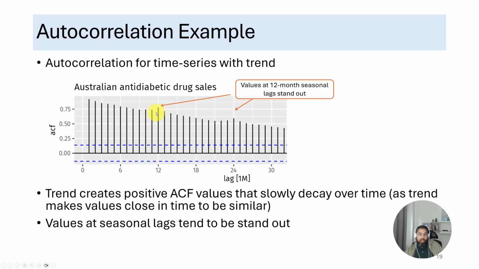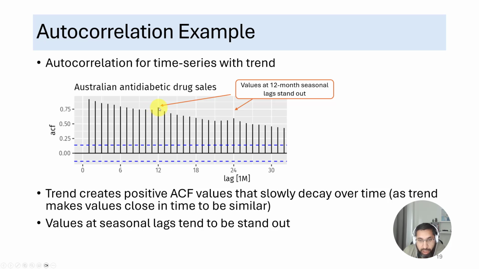Whenever you see the ACF function spike up at a lag of M, could be 4 for quarterly data, 12 for monthly data, 7 for daily data, because weekly seasonality, that's an indication of seasonality. Right.